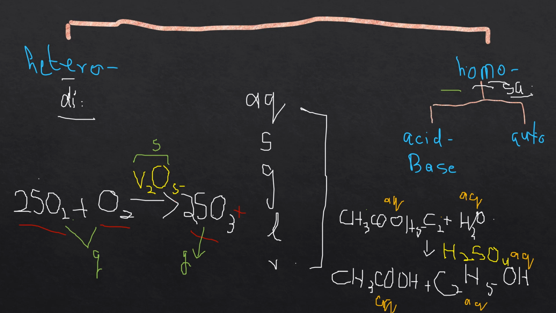That's why these are termed homogeneous catalysis. Now let's have a look at the classes of homogeneous catalysis, and it has two classes. First one is acid base catalysis and second one is autocatalysis.